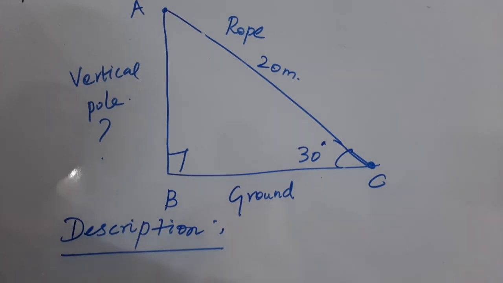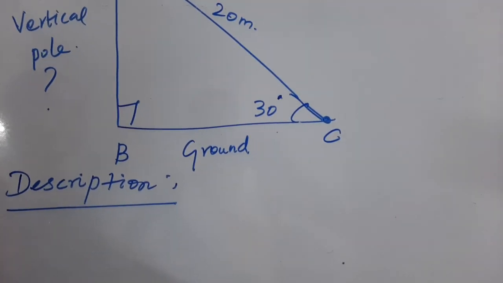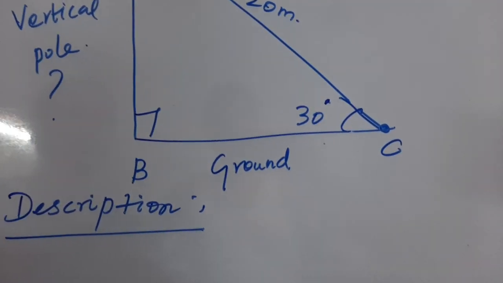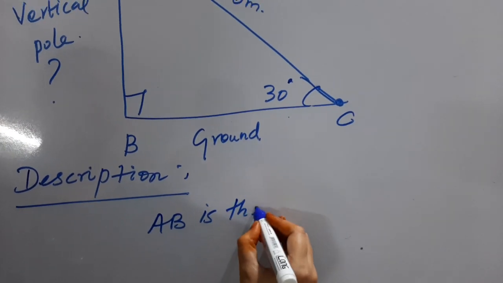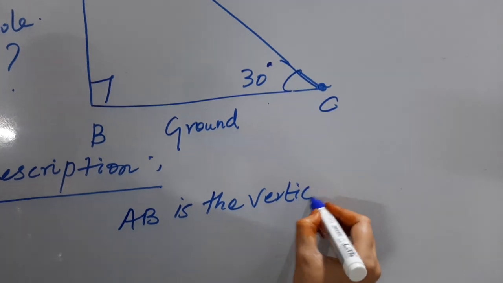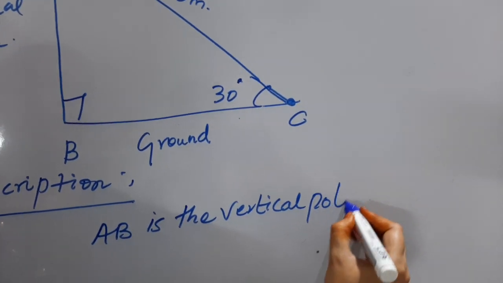the description. This is also very important. In your board examination, half mark will be given for this. What is the description? AB is the vertical pole.